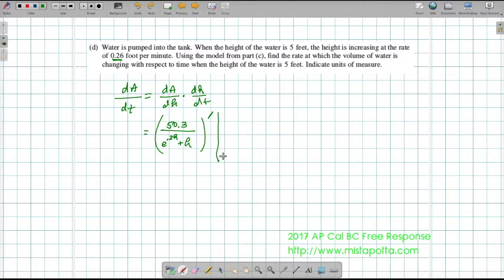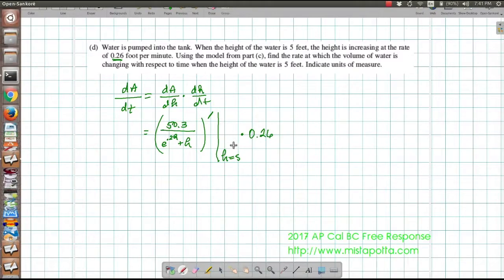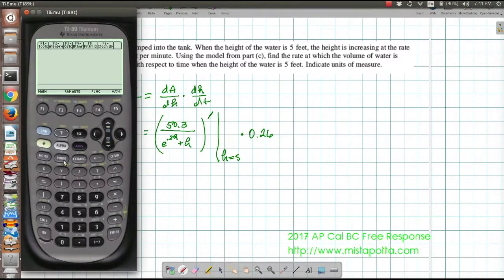And I want to take that derivative at h equals 5, and I want to multiply that times 0.26. So taking our handy dandy calculator, we're going to take the derivative of my numerator, 50.3, divided by e to the 0.2 times h, close parentheses, plus h, close parentheses.